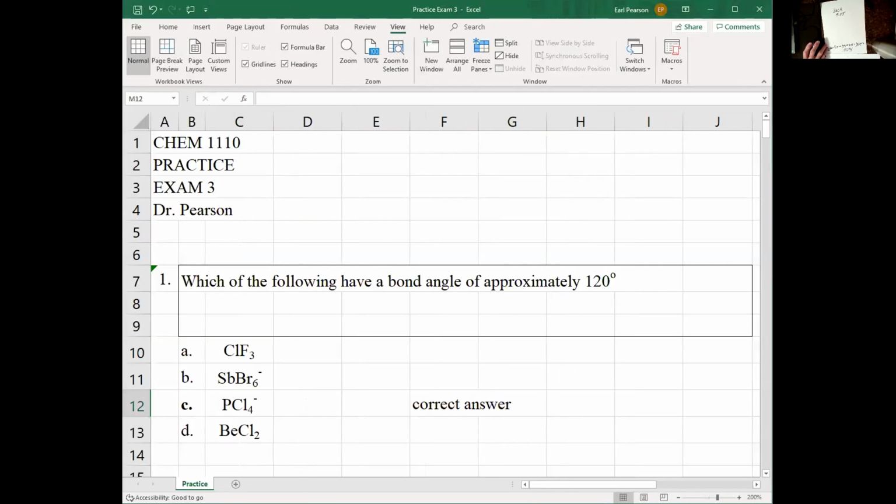It'll make things a lot easier if you can follow along with me like that. I will go over to the camera and work the problems out, especially all the mathematical ones. The ones that we can do without it, we might work without the camera. But okay, number 1, we're trying to find the bond angle.